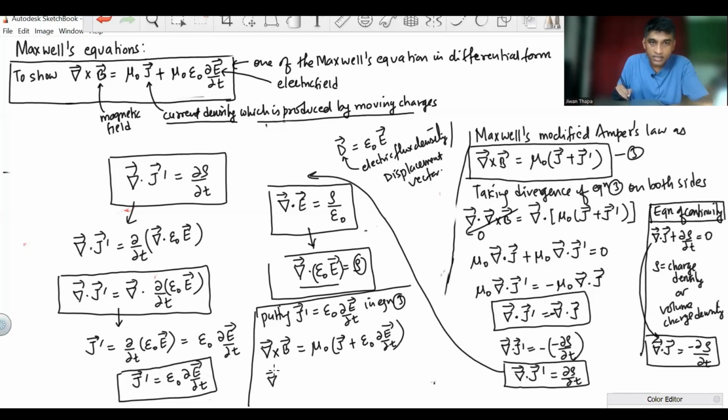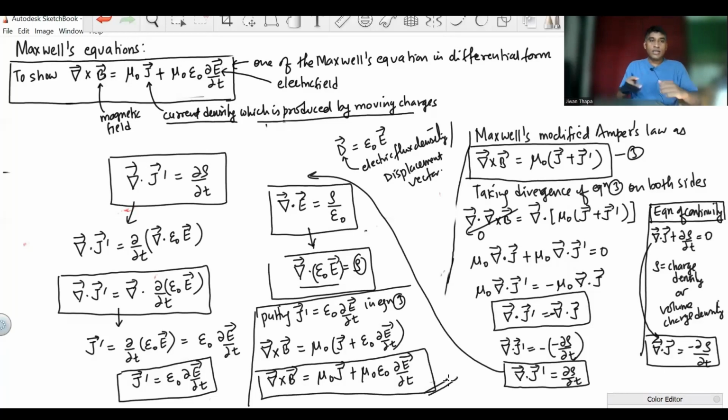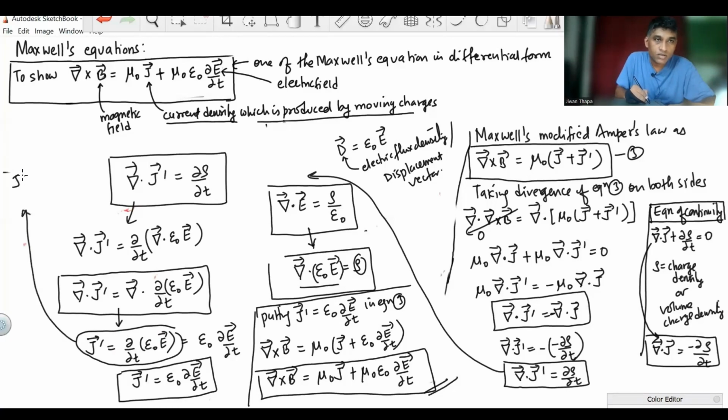So we can simply write in this way. Clear? And if you look into this expression, we can also rewrite it in this form. Current density J dash equals del by del t of epsilon naught E, and epsilon naught E is the D vector. So we have this.